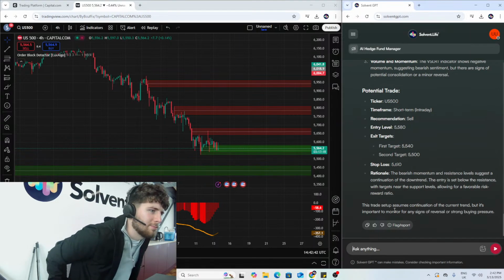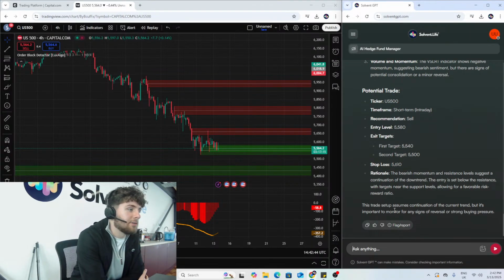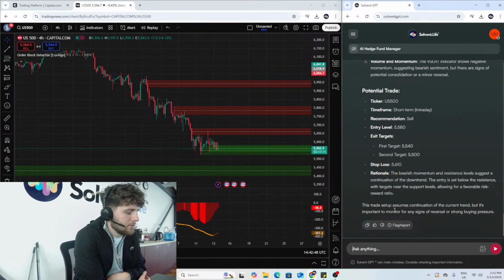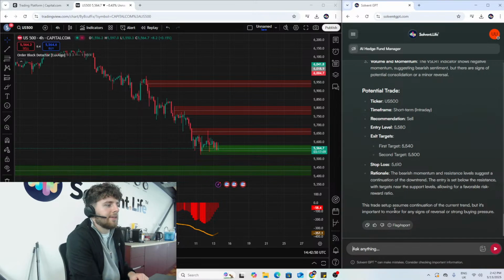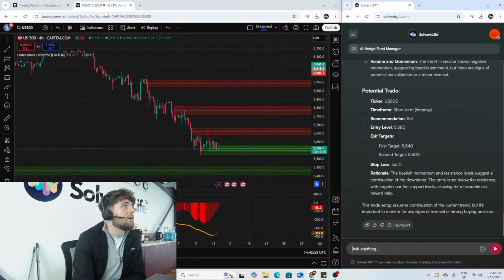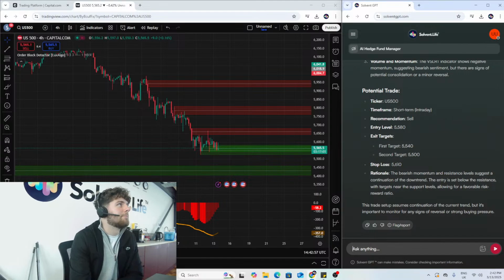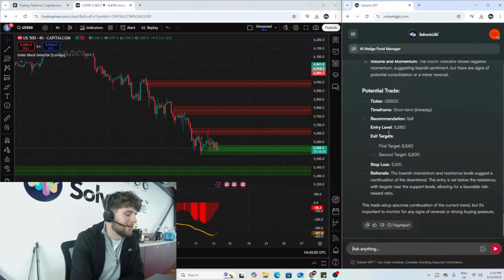So a short-term sell here, and it's actually recommended an updated entry level of 5,580, 20 points lower than the original recommendation of 5,600. What does GPT say about billionaires' wealth plunging? I'm not sure. I will take a look in a short minute.